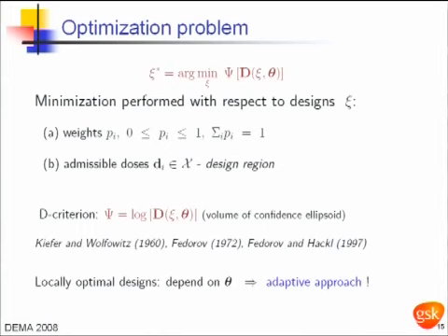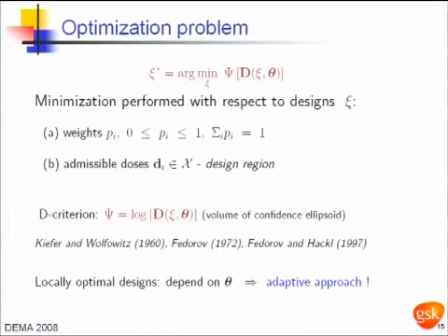And then the optimization problem that we try to solve is minimization of a particular criterion. Minimization is performed with respect to designs; what we can change are the weights, which are between 0 and 1, and admissible doses. So we have to define the design region. And the D-criterion is one of the most celebrated criteria, which you all know.